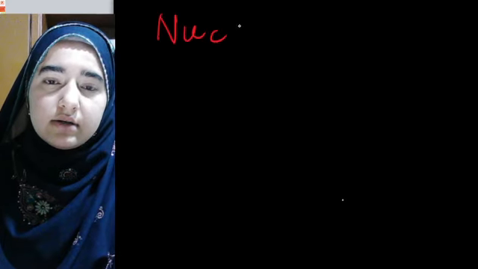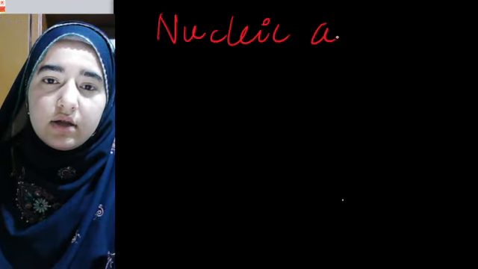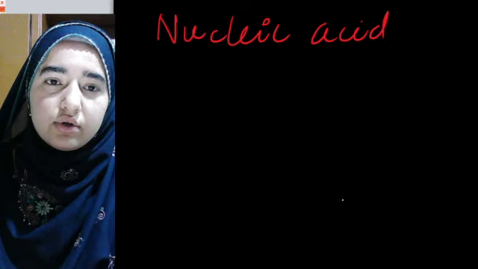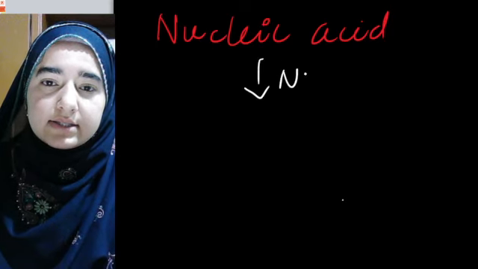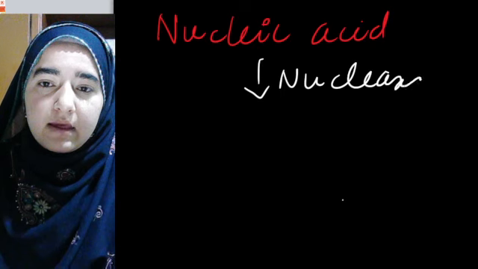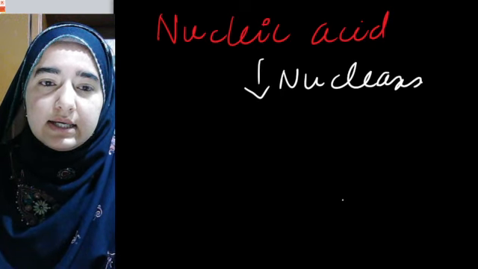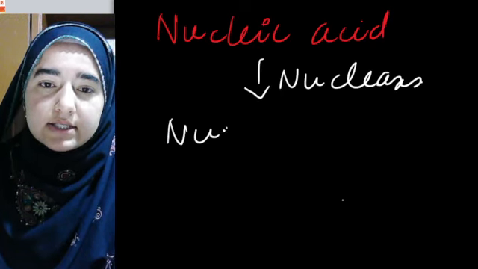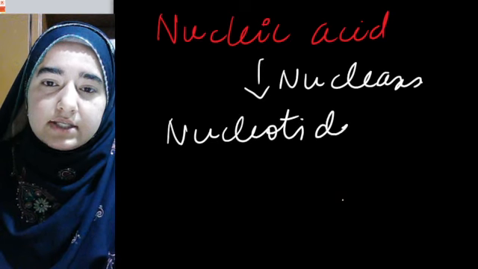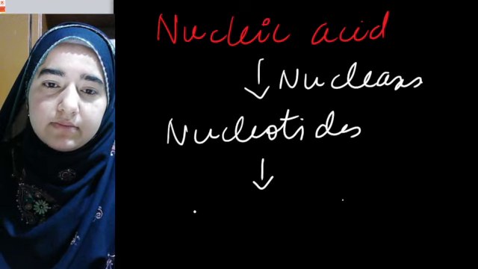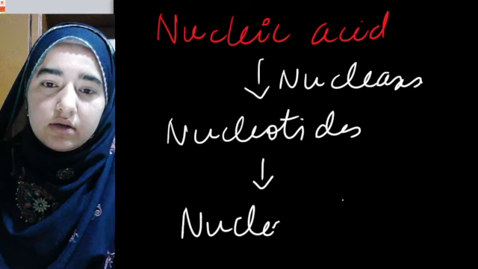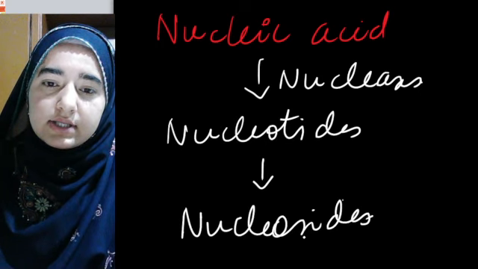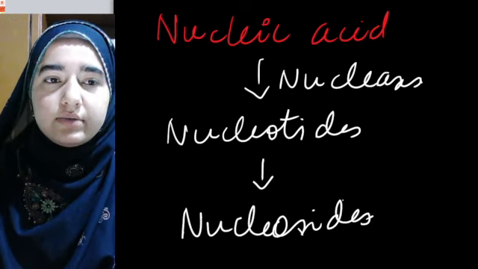Nucleic acids, be it ribonucleic acid or deoxyribonucleic acid, are acted upon by nucleases, and thus they get converted into nucleotides. These nucleotides further get broken down into nucleosides. I hope this concept is clear.